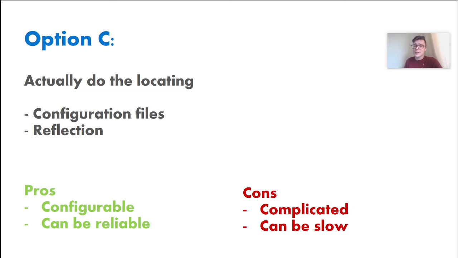Non-programmers can change the service also. The same code base can support multiple configurations simultaneously. However, all of this is complex because you need some configuration system and locating the service takes time. So again, a lot of good, but with some bad things.